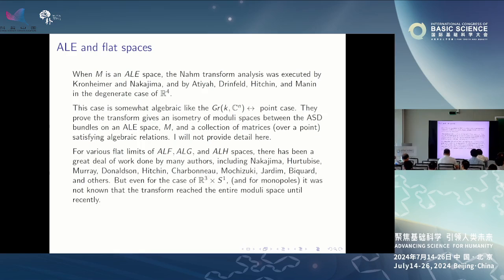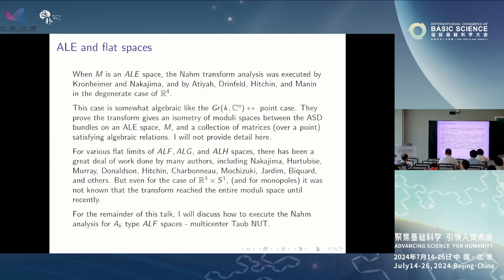But even for one of the earliest cases addressed with the Nahm transform techniques, R3 cross S1, and also the associated case of monopoles, all the work done until our work left lots of holes in the theory, in that it wasn't clear that the entire moduli space was reached by the Nahm transform as it existed. So in our work on ALF spaces, we sort of filled in a lot of holes in the literature.